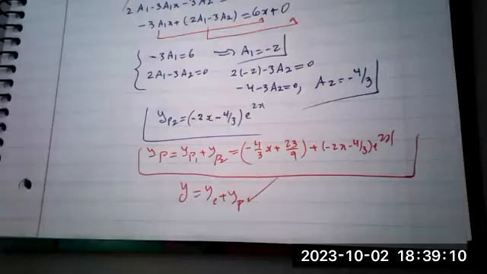Any questions? Now, the second version is we would like to make sure that you understand that when it's higher order, you can at least write down the yp form. So we give you another question. In this question, you're not required to find the yp. We'd like you to just give us the form of the yp.